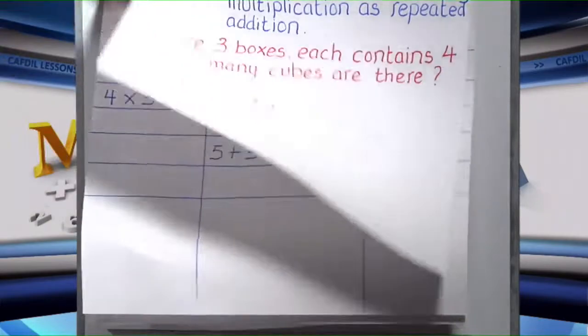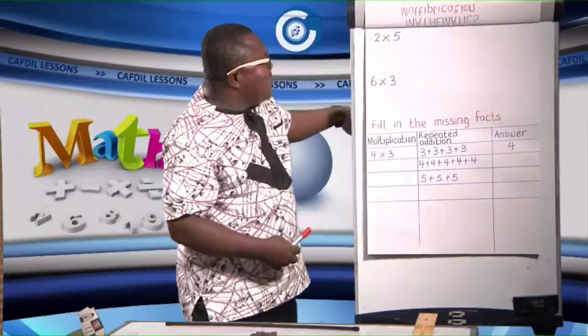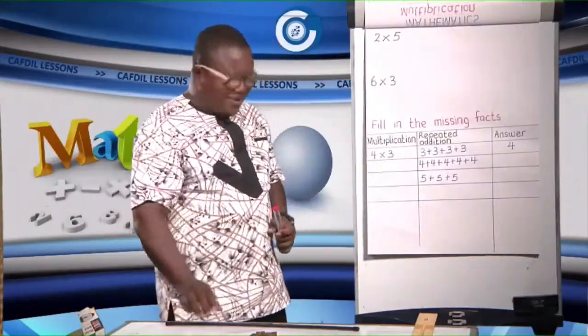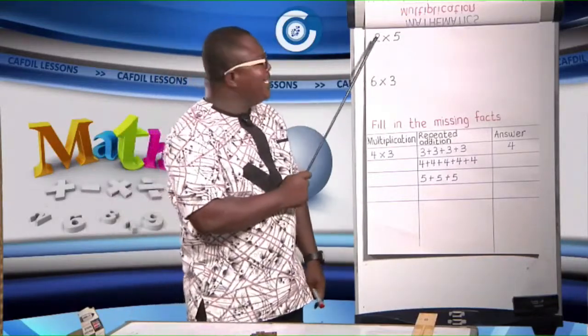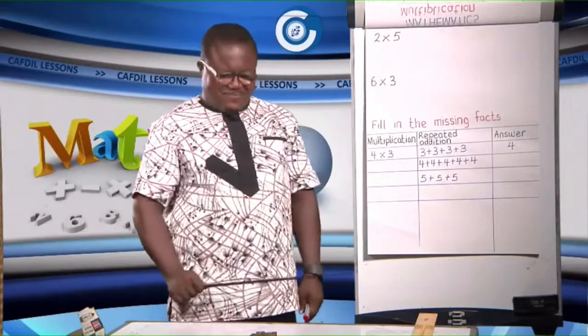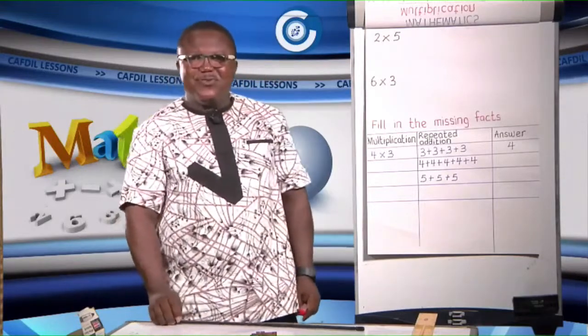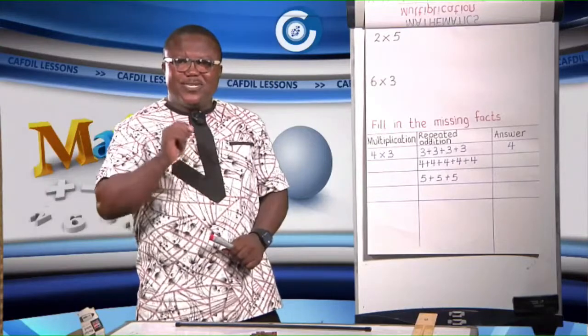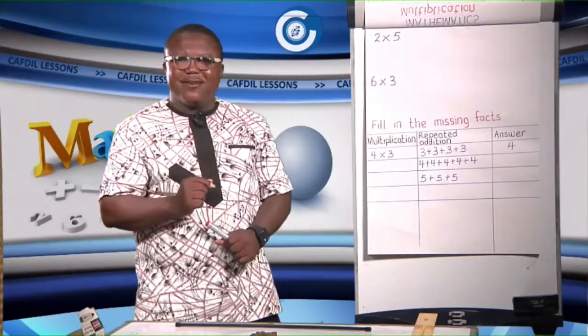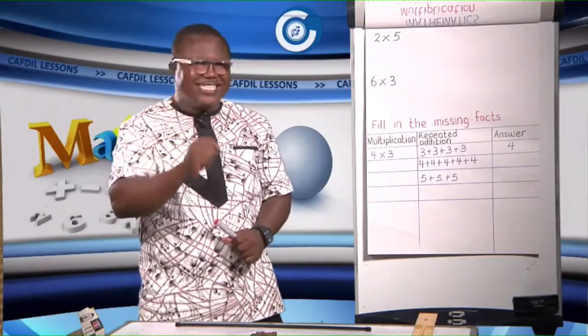Now let's look at what we want to look at. Now we have it here: 2 times 5. Let's look at it. We are saying that multiplication is repeated addition.